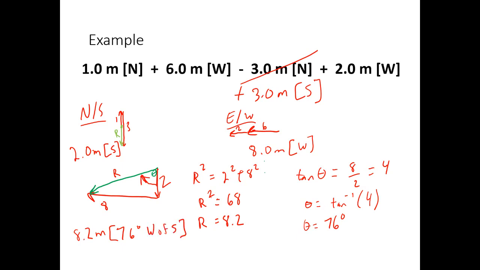If we wanted to reference the west direction, this has to be 14 degrees in here because 76 plus 14 is 90. So another way that we could write this direction is 14 degrees south of west. Box around this thing because we're done, and we'll move on to the next one.